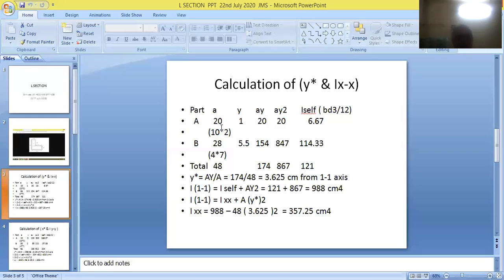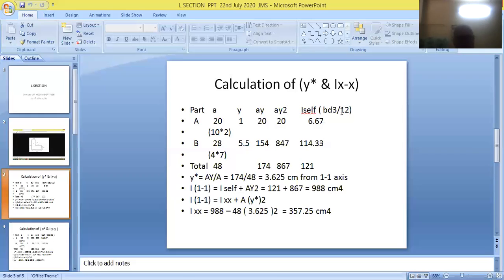So friends, this can be called A1, this can be called A2, this is Y1, this is Y2, this is A1Y1, this is A2Y2, A1Y1 square, A2Y2 square, and this is the I self of the first component, this is the I self of the second component. So friends, you can make all these calculations.